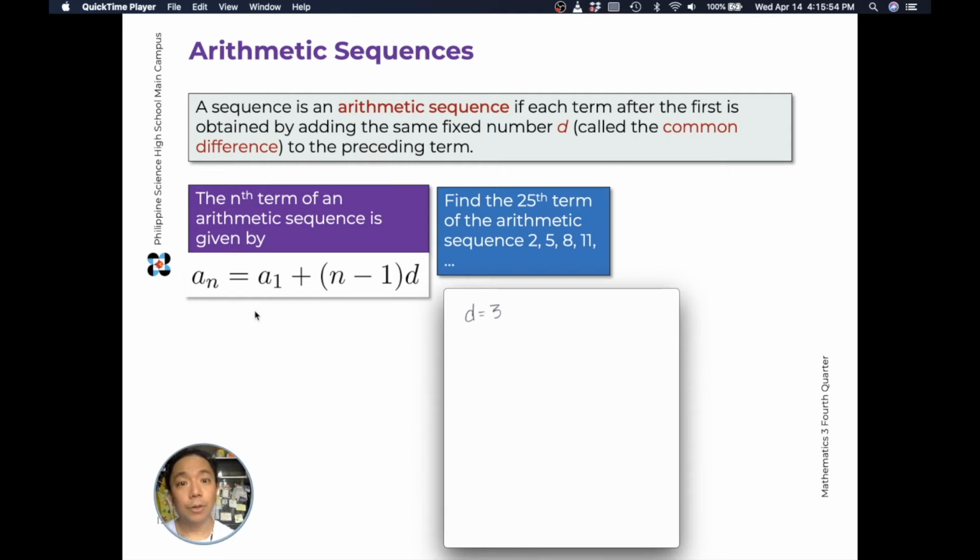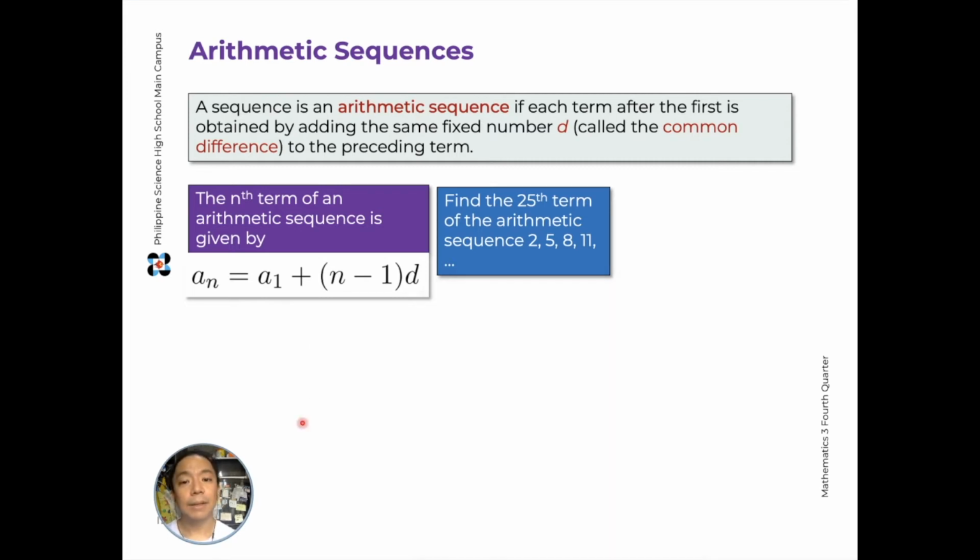By following this formula, you could see that the 25th term is equal to the first term plus 25 minus 1 multiplied to the common difference, which is 3. So, substituting our expressions, the first term is 2 plus 24 times 3, and this is equal to 74. So, the 25th term in this arithmetic sequence is 74.